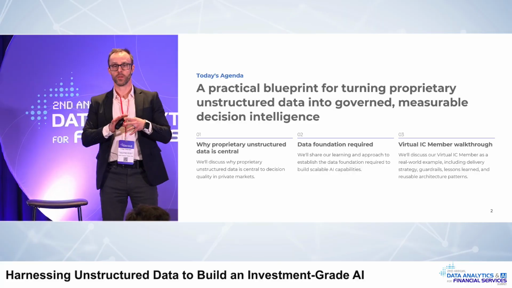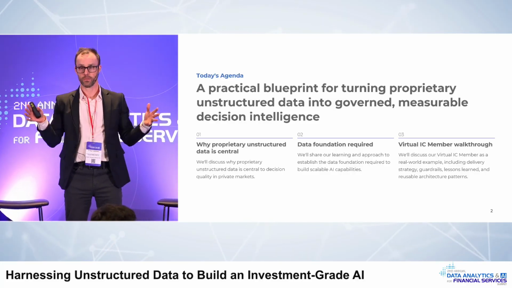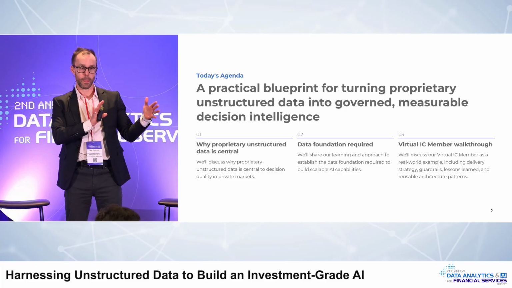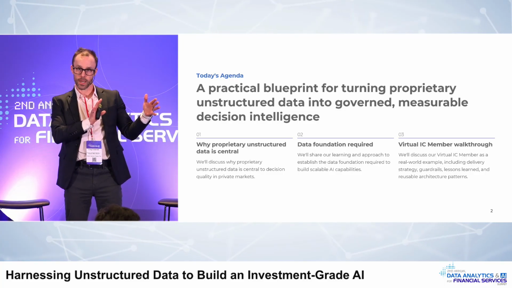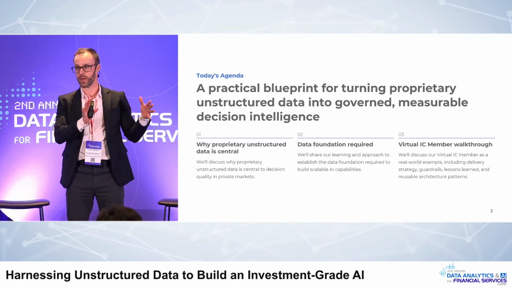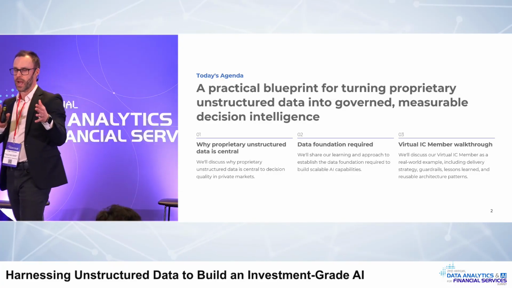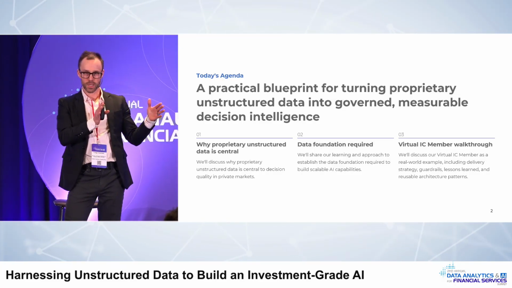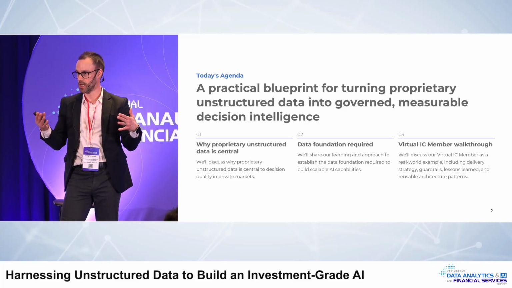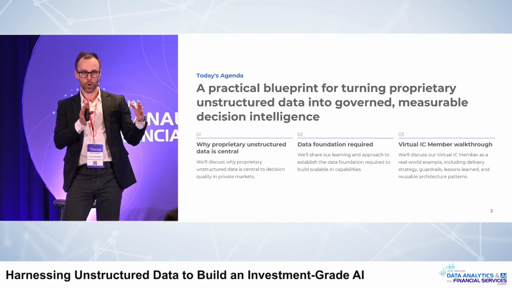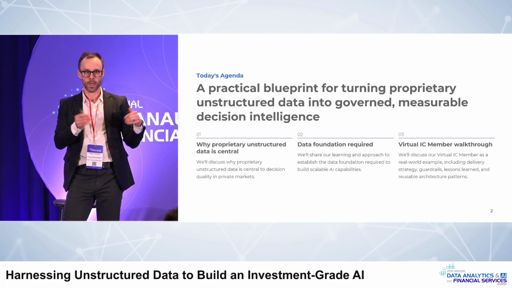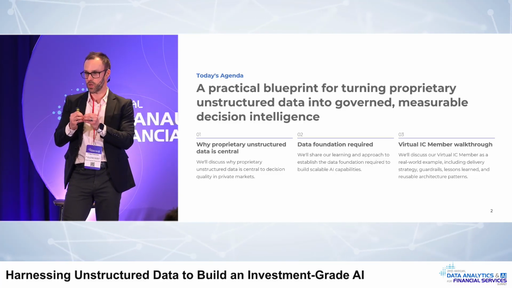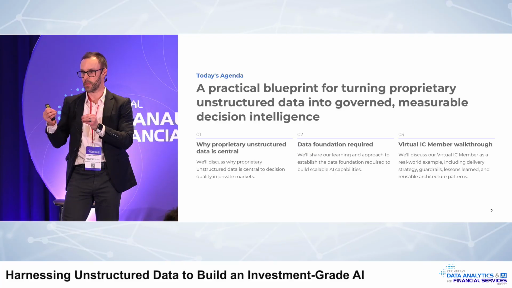So the parts of the discussion today will be really to talk about unstructured data, which is really characteristic in private equity, and proprietary data. And this is really one of our key learnings and one of the messages that we wanted to share today, which is your proprietary information is often where that secret sauce and that differentiated edge comes from.